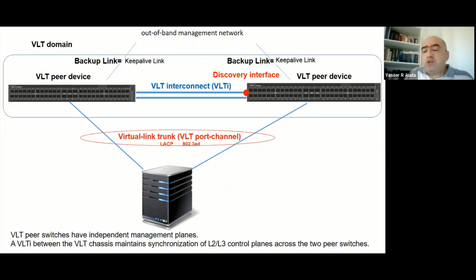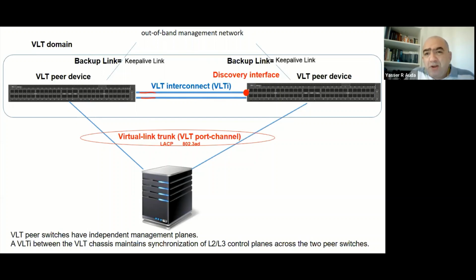The two switches, or the two VPC devices, here we call them a VLT pair device. The links that make these two switches connected to each other and synchronize each other, this is what we call here the VLT interconnect, VLTI. So this is the name of this link and this link.